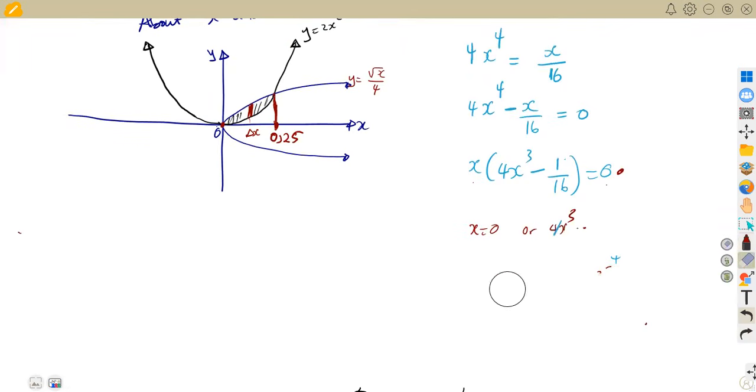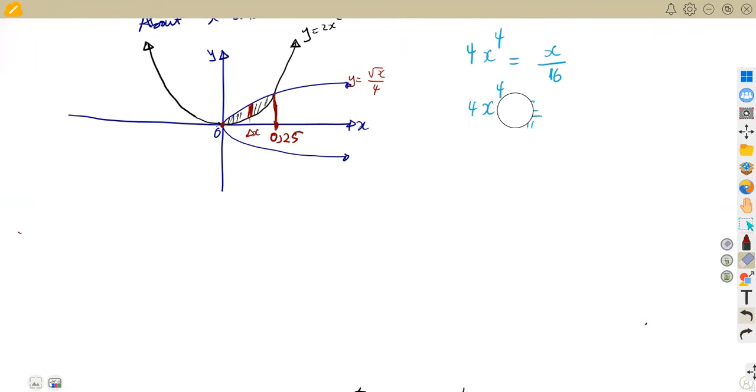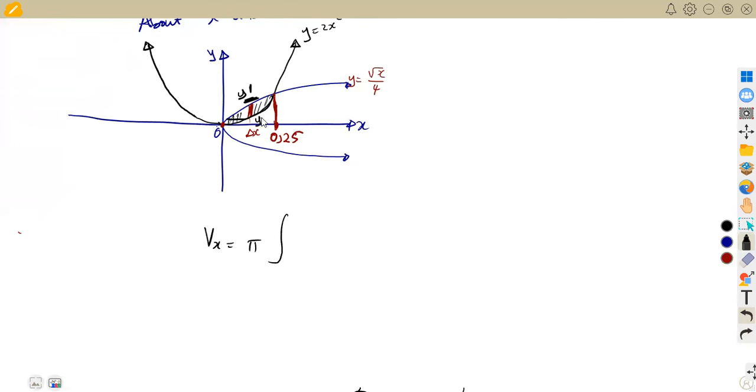So once I have this, guys, I'm able now to find the volume by simply integrating, because we said the volume with respect to x is going to be given as pi, the integral of, we subtract these graphs. This is the upper graph on top. So that's our y1. The one that is below is our y2.